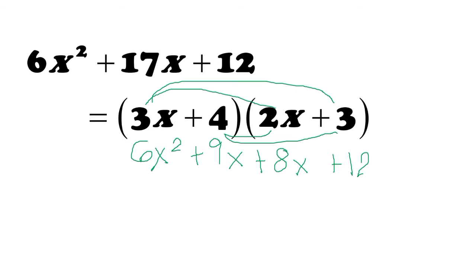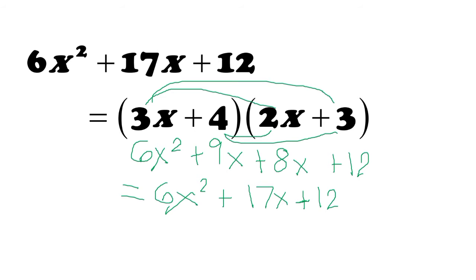So their sum now is 6x squared plus 9x plus 8x is 17x plus 12. So it's just the same as the given expression. Therefore, we conclude in our given example that the factor of 6x squared plus 17x plus 12 is the quantity 3x plus 4 times the quantity 2x plus 3. Hope you understand the problem.